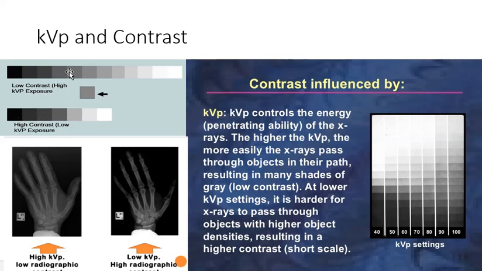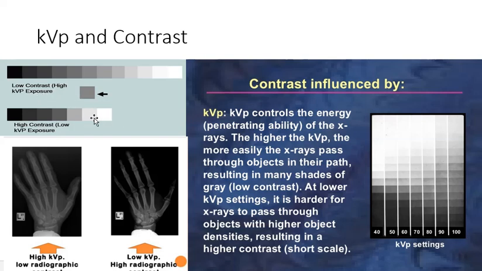So I've got 3 different things here, and all of these were pulled from the internet in a search of kVp and contrast. What we have is a low kVp step wedge, like what you've seen in class, a piece of aluminum or a thick piece of acrylic that goes up in a stair-step fashion.